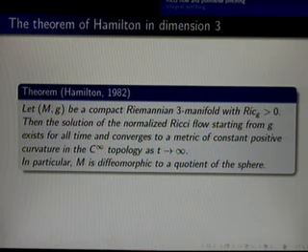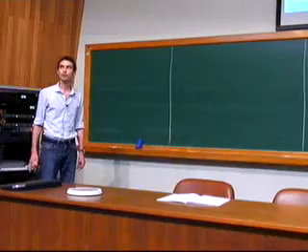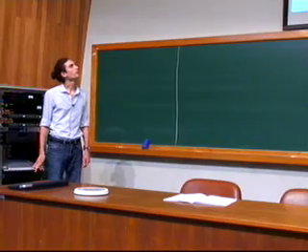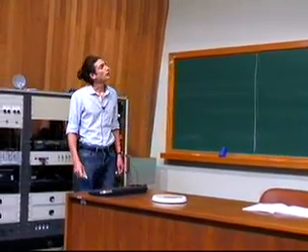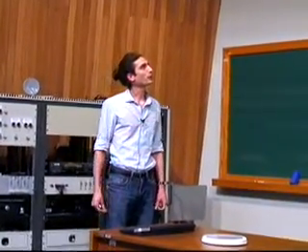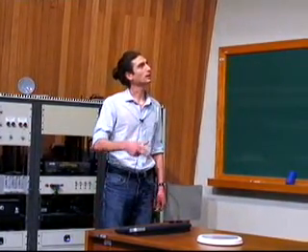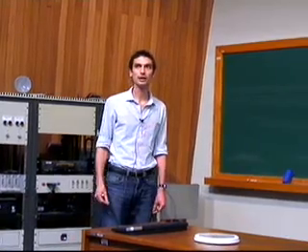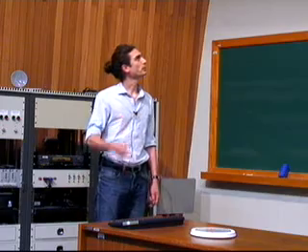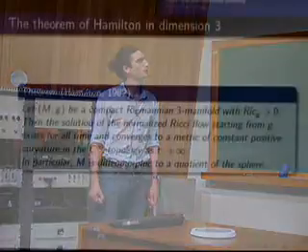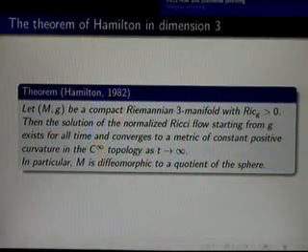He used the Ricci flow to show that for a three-dimensional compact manifold, if you start the normalized Ricci flow with a metric with positive Ricci curvature, then the flow will exist for all time, and it will converge as the time goes to infinity to a metric of positive constant curvature. And so it tells you that your manifold is diffeomorphic to a quotient of the sphere.